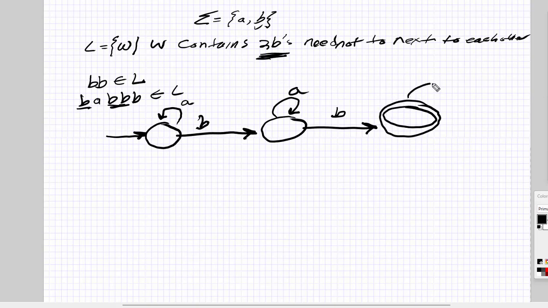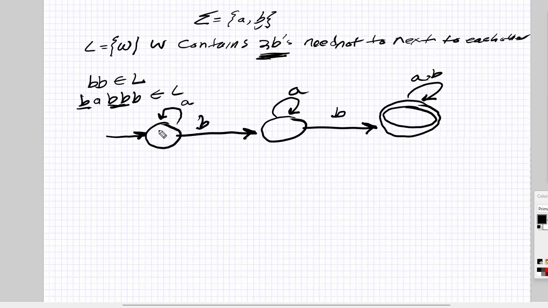Do I care about how many other B's I get? No. How many A's? No. So you can draw two arrows, A and B, but the way we usually do it, we just draw one arrow and put A, comma, B. Whatever comes next doesn't matter because that's the final state.